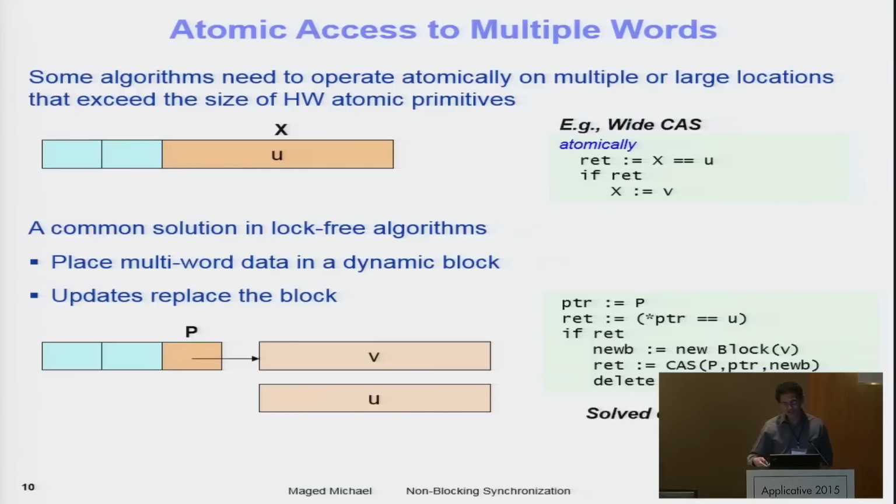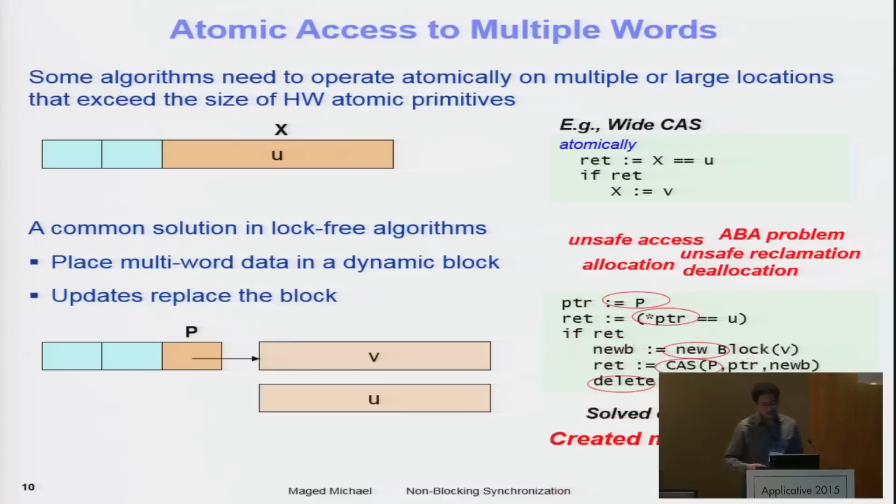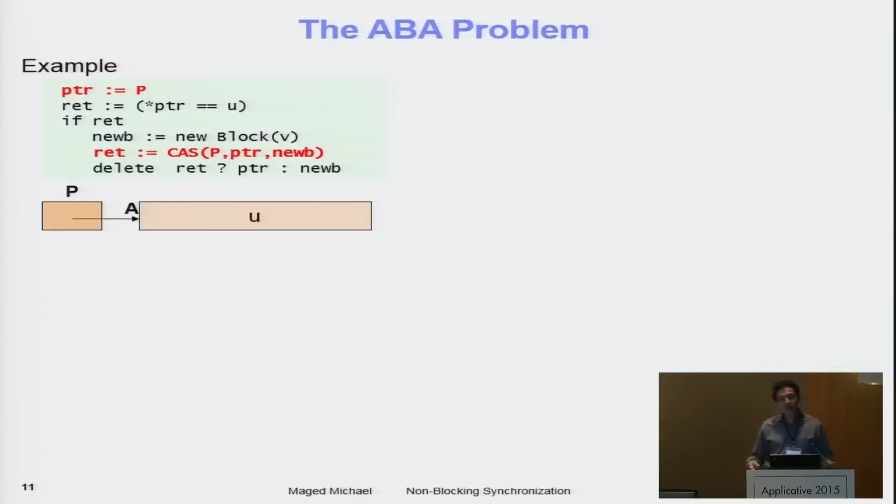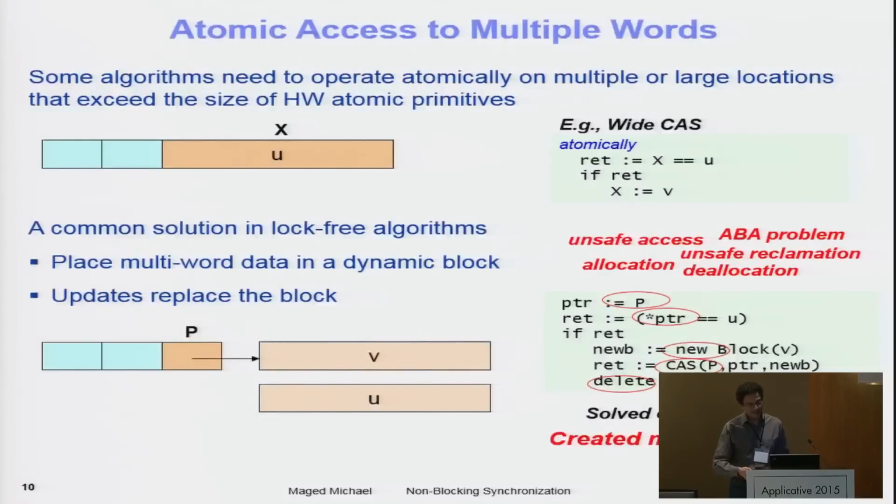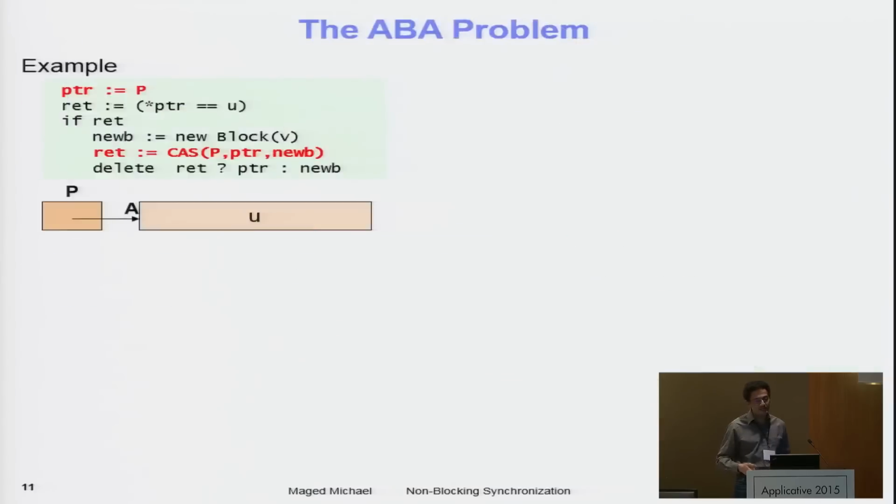But looking at this block, it solves one problem by giving us the ability to do wide compare and swap, but then it creates, there are like 5 places in this short piece of code that need attention to be correct. So let's look at some of the problems. I'll go through some of these problems, and I'll start with the ABA problem.